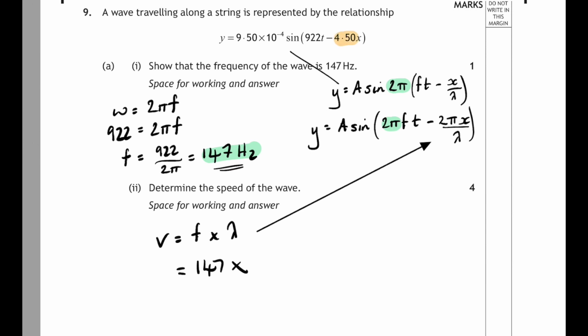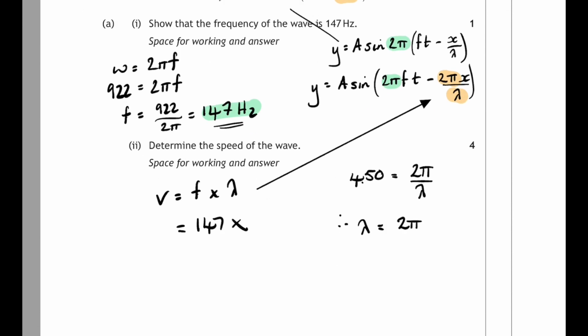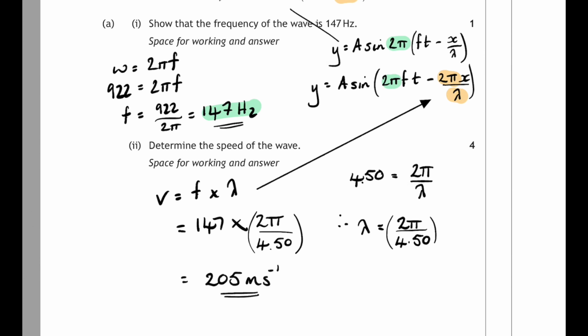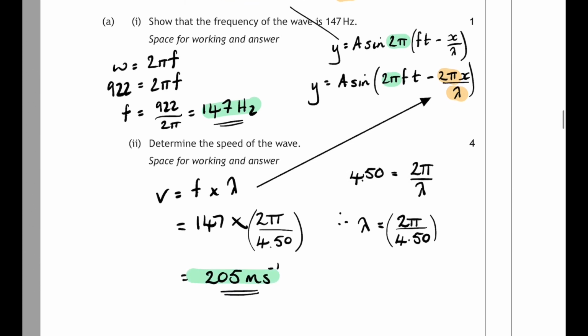If you look at the equation in the very first line of the question, it says 4.50x. Well, the 4.50 must be equal to 2π/λ. And again, rearranging there, λ will be equal to 2π/4.5. In fact, we can just sub that straight into our v = fλ relationship. And if you do that on your calculator, you'll get an answer of 205 metres per second.